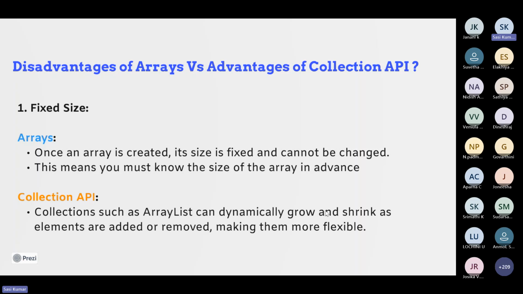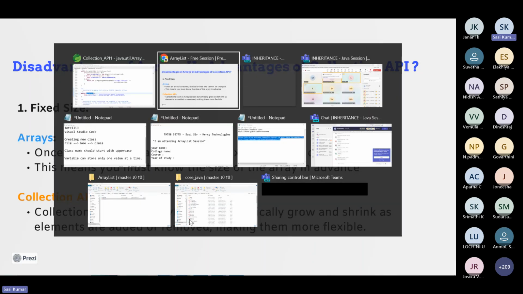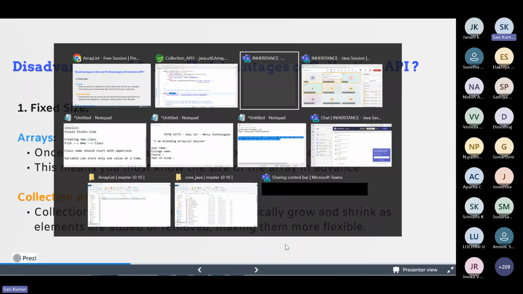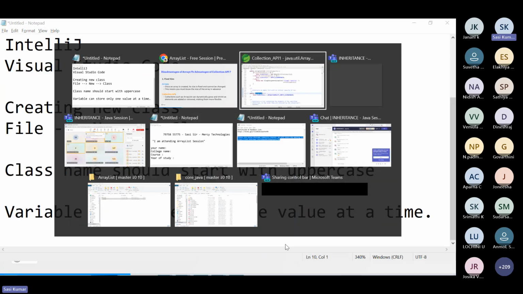If you add more elements, it grows dynamically. If you delete more and more elements, it will automatically shrink. So you need not worry. That is the main facility of using ArrayList.